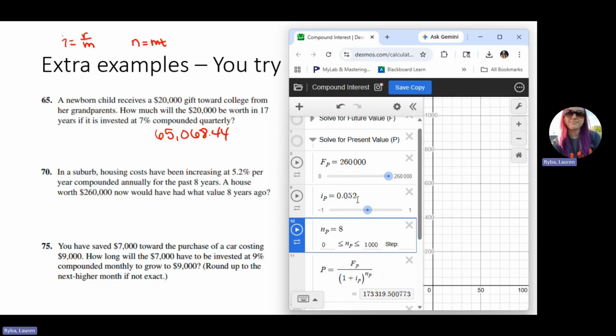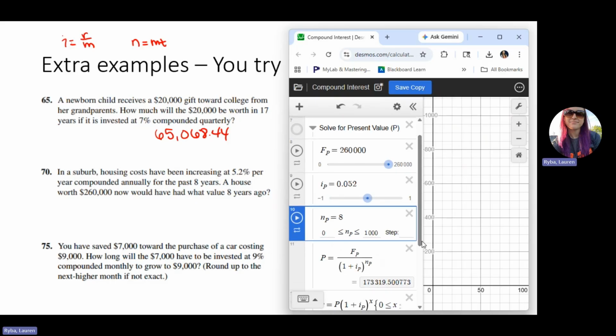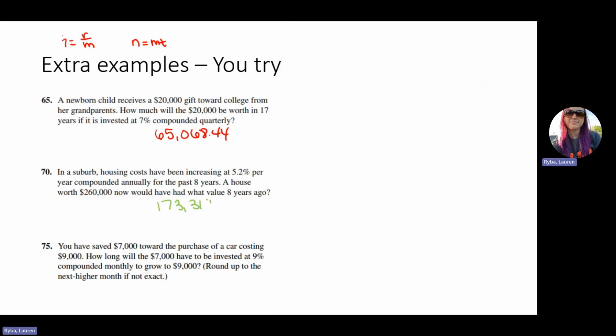But if you were compounding, let's say monthly or whatever, you would divide this by that value and multiply n by that value. It will give us our answer here. $173,319.50. So the house price rose $87,000, roughly.